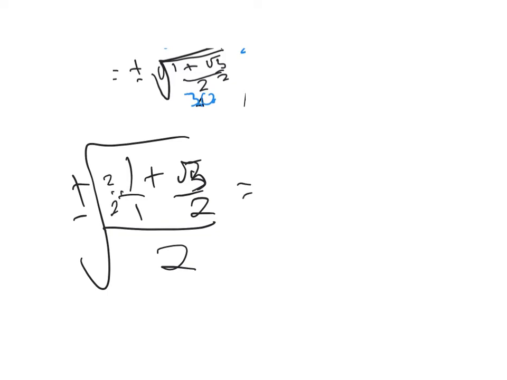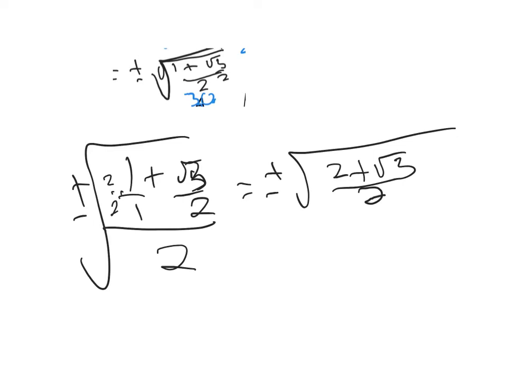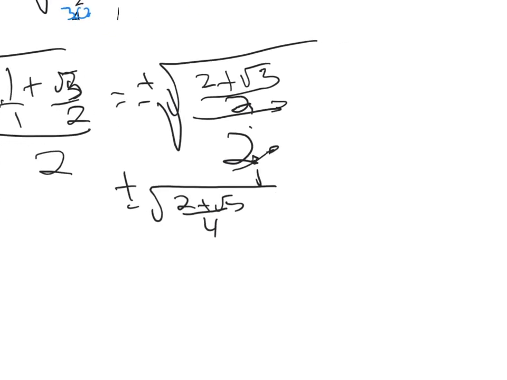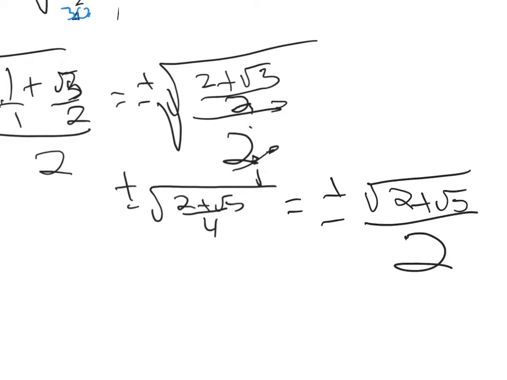So that gives you plus or minus square root of 2 plus square root of 3 all over 2, all over 2 again, which means 2 over 1, which means that 2 gets multiplied by this 2. So plus or minus square root of 2 plus square root of 3 all over 4, which is plus or minus the square root of 2 plus the square root of 3 all over 2, because the square root of 4 is 2.